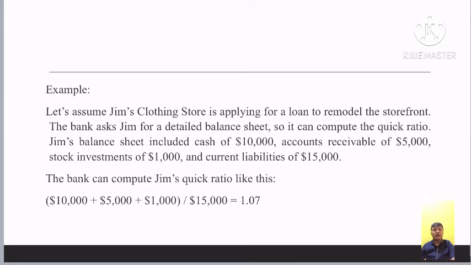The bank can compute Jim's quick ratio like this: $10,000 plus $5,000 plus $1,000 divided by $15,000 is equal to 1.07.